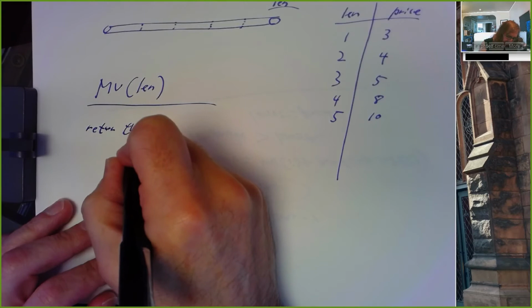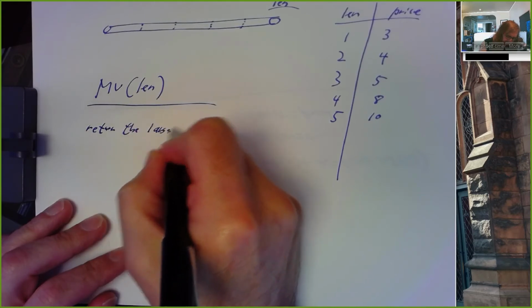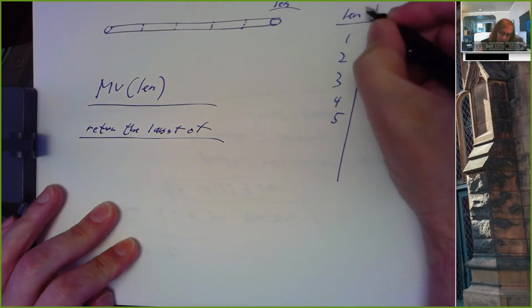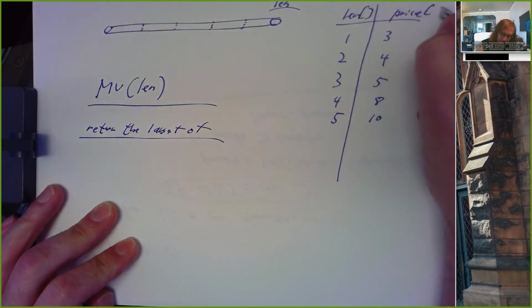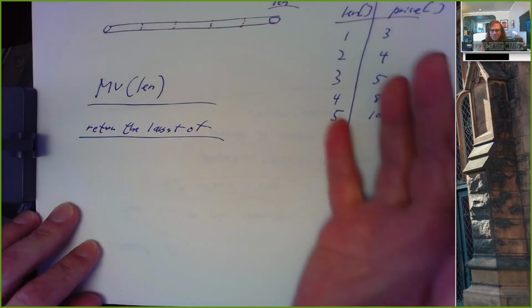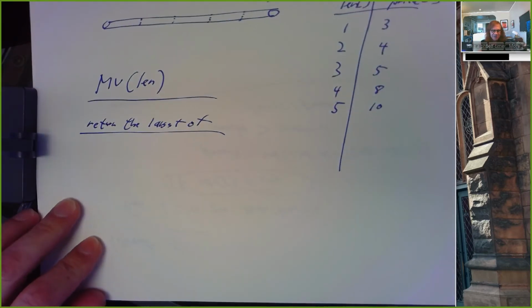So we can define this as the largest, so make these things arrays. And I listed every possible length. It may be that there's some lengths that we don't want to consider. So I'll just treat this as data that's not necessarily consecutive.